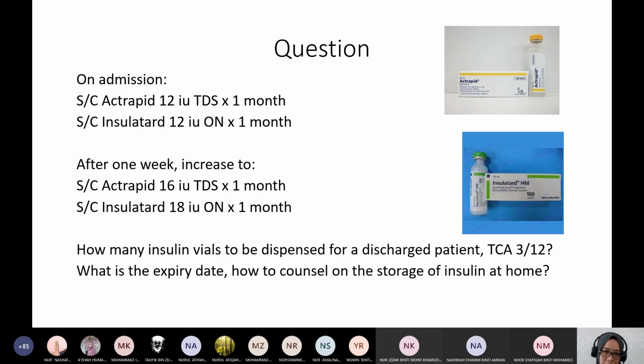Insulatard is given ON only, at night only, because it is intermediate acting, so it controls the fasting blood sugar in the morning. It is given ON only, with no need to eat any meal. But atropine TDS is half an hour before meals. So how many units? Insulatard 12 times 3 is 36 units, right? So how many vials? This is atropine, this is Insulatard.